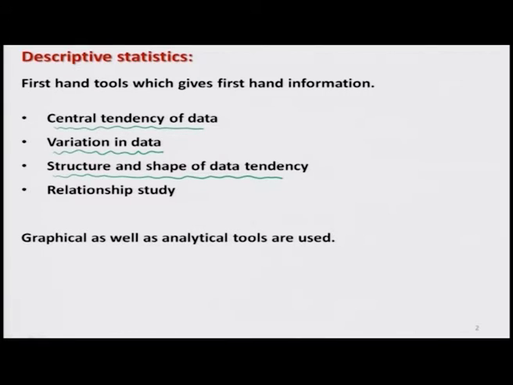Then in case we have more than one variable, we would also like to study their relationship. And usually with these features we get the first hand information about the data, and for that we have different types of statistical tools which are used. Whenever we are trying to get the first hand information, we use the analytical tools as well as the graphical tools.